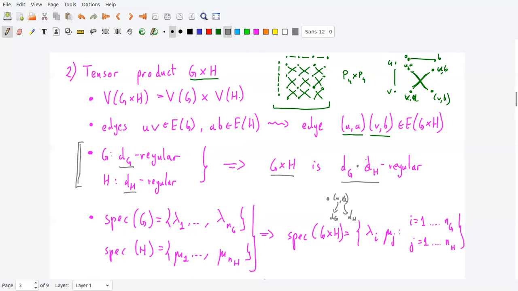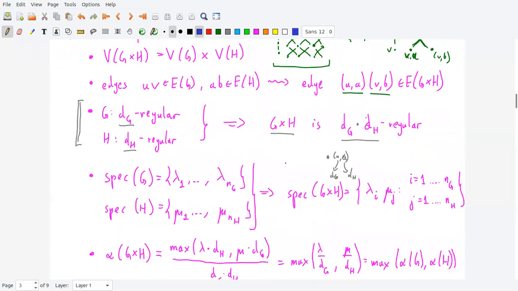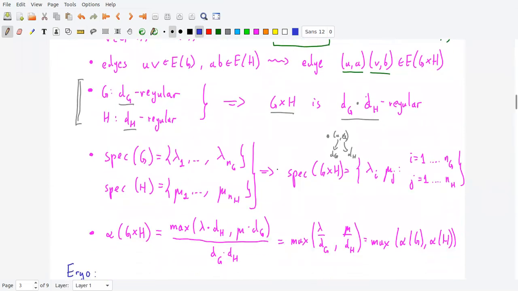One thing that we will not prove here during the lecture, but we have already sort of seen during the last tutorial, and will see more explicitly during this tutorial, is how the spectrum behaves under the tensor product. The idea is that the spectrum is pairwise multiplied.